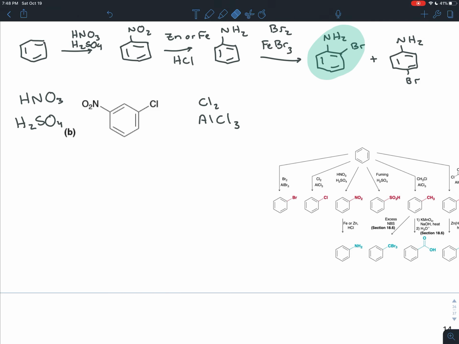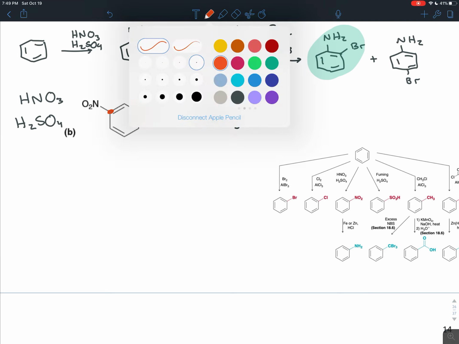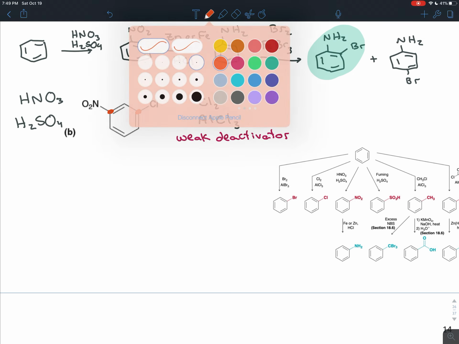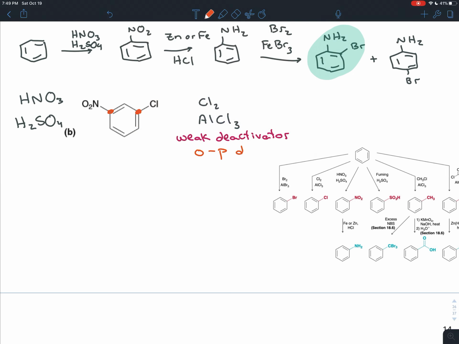So the question is, which one should we do first? And what you notice here is that these are meta to each other. They're 1,3 away from each other. The halogen, chlorine, is weakly deactivating. It's a weak deactivator, and it is ortho-para directing.